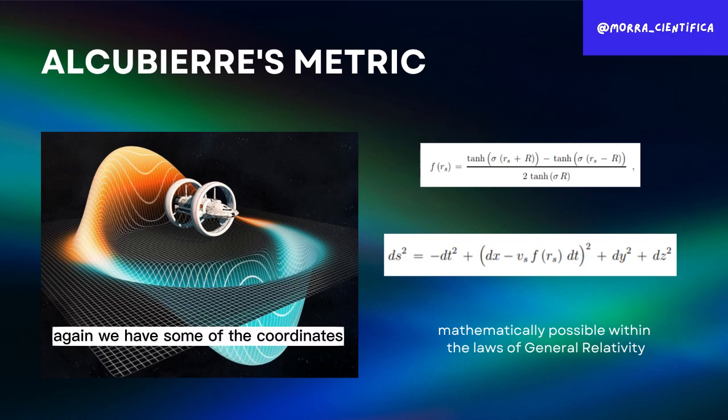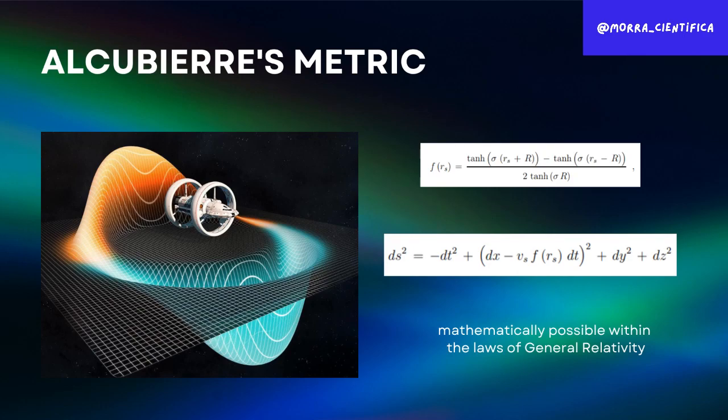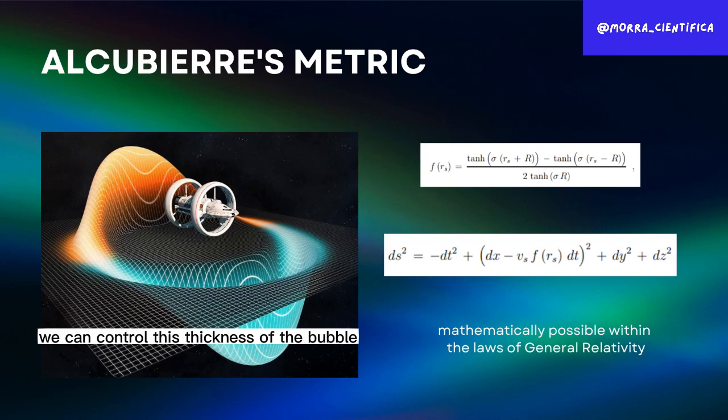Again, we have some of the components of the common metrics that we have seen before, but in this function, we can control the thickness of the bubble. You can see it as if it was a bubble where you contract in front and expand behind.